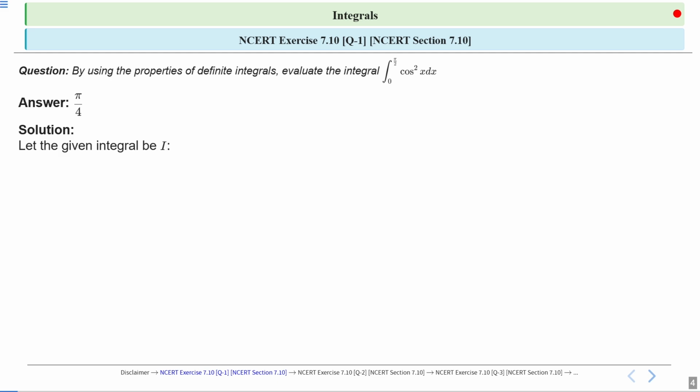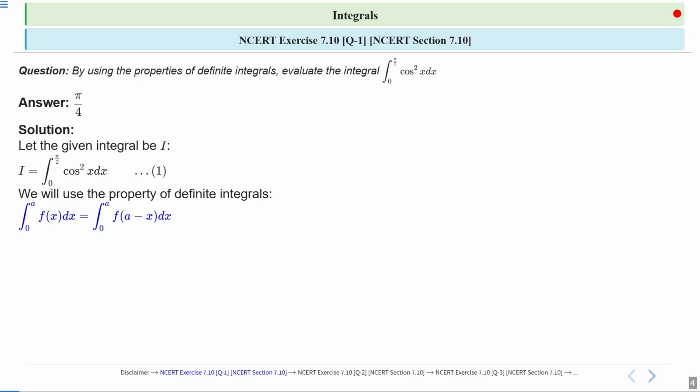Let the given integral be I. So I is equal to the definite integral from 0 to pi by 2 cos square x dx. Consider it as equation number 1. Now we will use the property of definite integral: integral from 0 to a of f(x) dx is equal to integral from 0 to a of f(a minus x) dx. This is the most powerful property of definite integrals, and generally it is used with trigonometric functions like cos and sine.